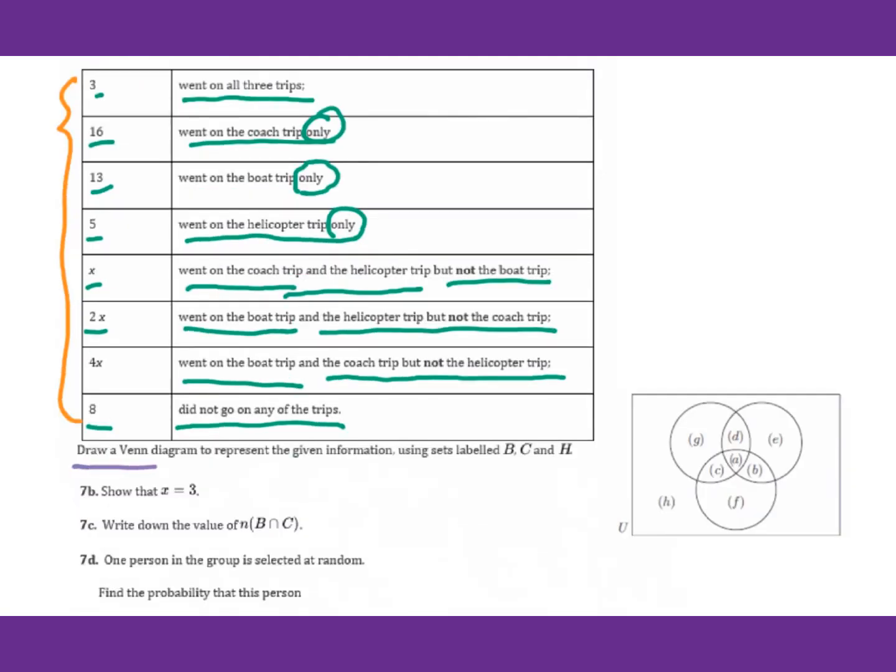A. Draw a Venn diagram to represent the given information using sets labeled B, C, H. So let's label this B, C, H. We know 3 went on all 3 trips, so A equals 3.